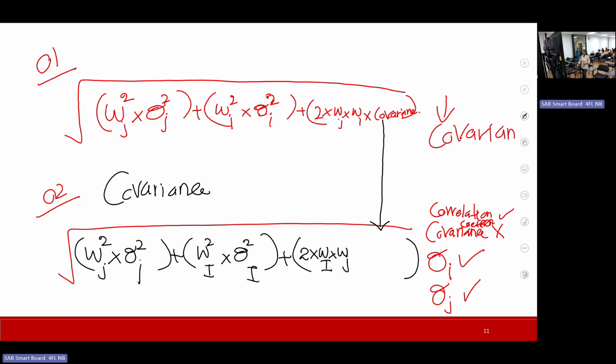What is the second formula? Covariance equals, tell me, standard deviation of the first asset multiplied by standard deviation of the second asset multiplied by the correlation coefficient between the two assets, right?